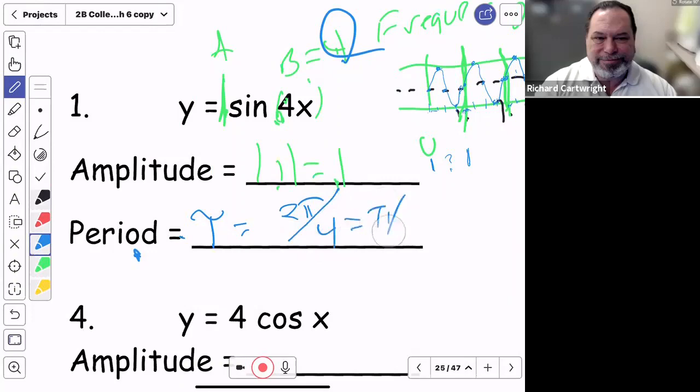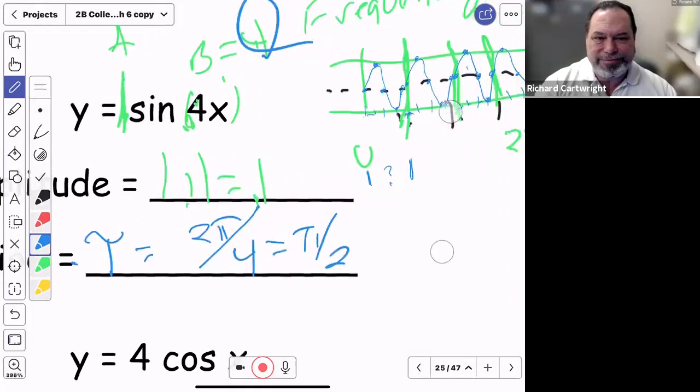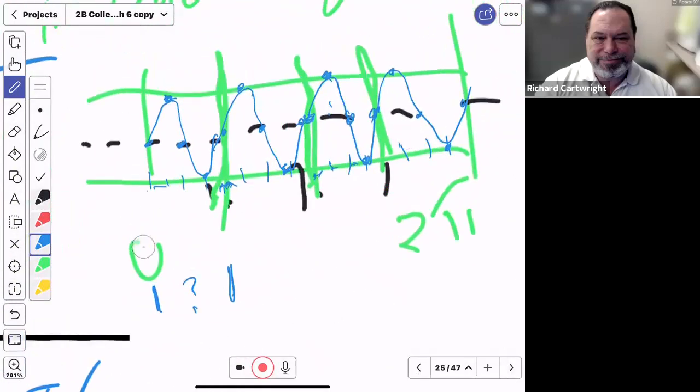That's pi over 2. That means from 0 plus pi over 2 is pi over 2. Pi over 2 plus another pi over 2 takes me to 2 pi over 2, which is pi, which makes sense. It's the middle between 0 and 2 pi.